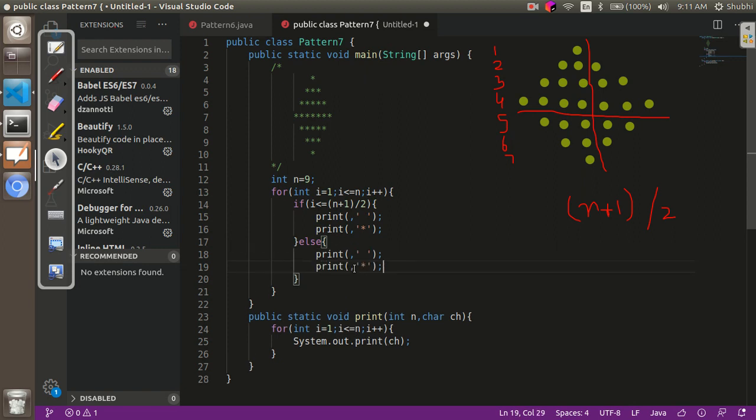Now let's calculate how many spaces and characters are to be printed in both the halves. Let's see for the spaces. For the first row we have 3 spaces and then we have 1 character.